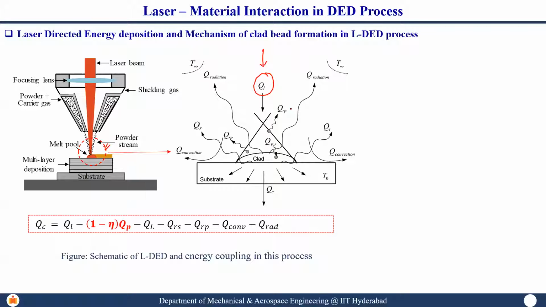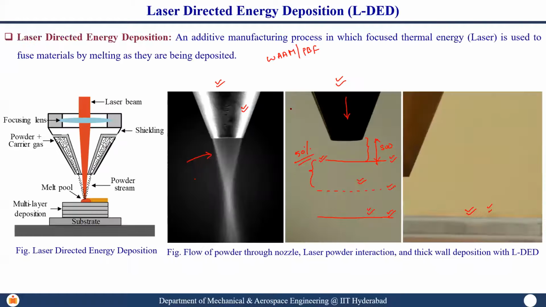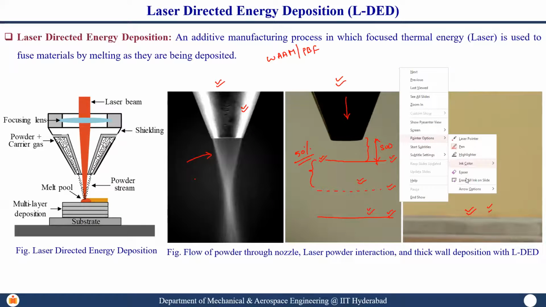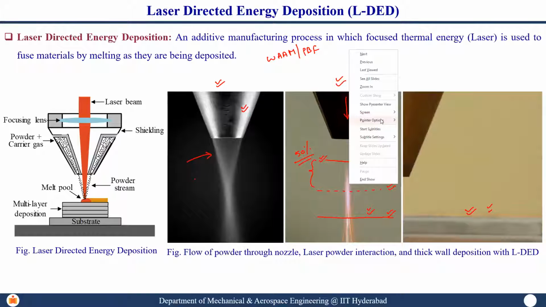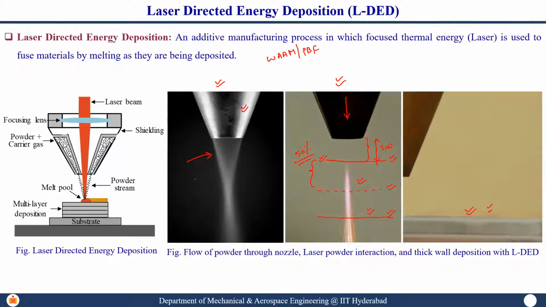But do understand that in our previous video, I just forgot to mention that point. Just give me a minute. So now if you see over here, these two videos were taken at more or less the same magnification. You see, this is the powder footprint diameter, almost close to 10 mm.